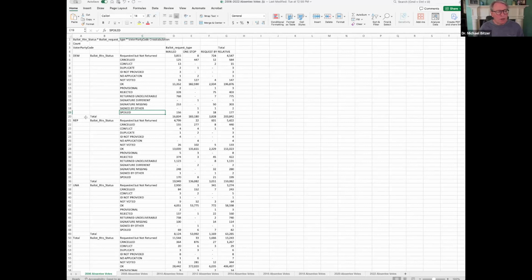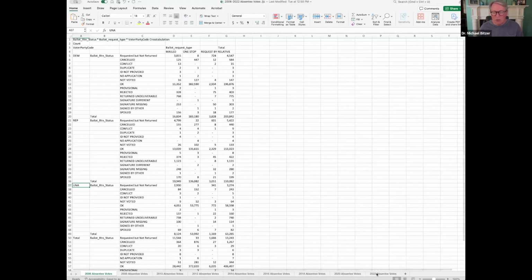You'll see this for Democrats, Republicans and unaffiliateds, and as you go through the various worksheets, you will also find the other parties represented. This is the pure information, giving context as to how many early ballots were sent in, and we can parse out the mailed versus the one-stop.